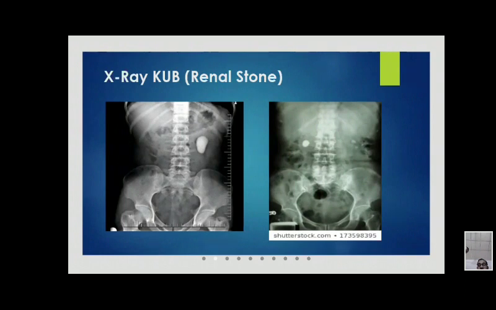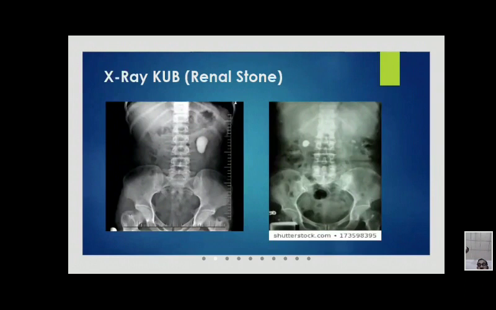To see the function and status of both kidneys: serum creatinine, and then IVU, intravenous urography, to see the functional status of both kidneys. Or nowadays CT urography is done.